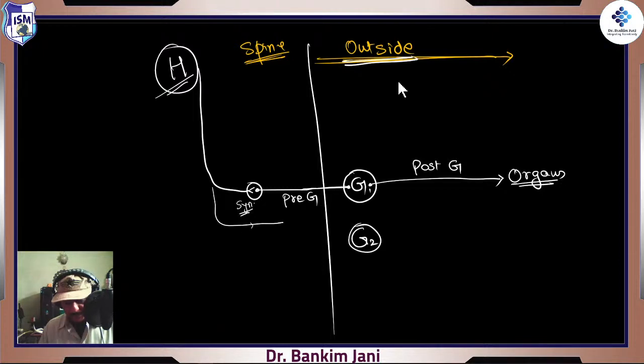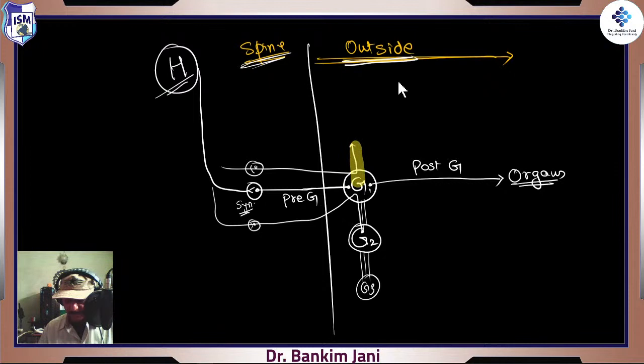Few more fibers, they go like this, and then they come over here. Few fibers go up, and that's the synapse. This is all inside spine. So they go up or they go down. Same thing would happen at every level. So they all are connected with each other. And this connectivity, all of them connected, is what is called the sympathetic chain.